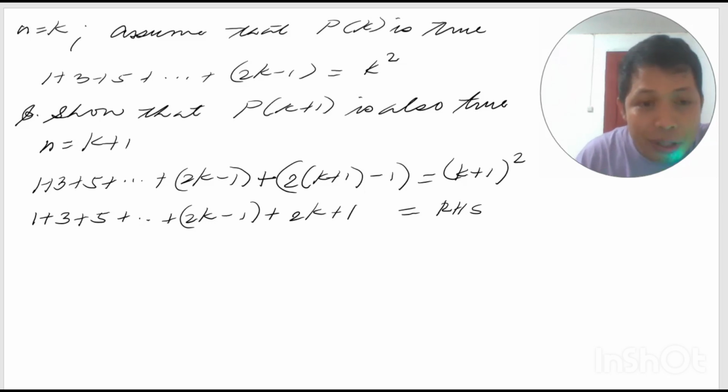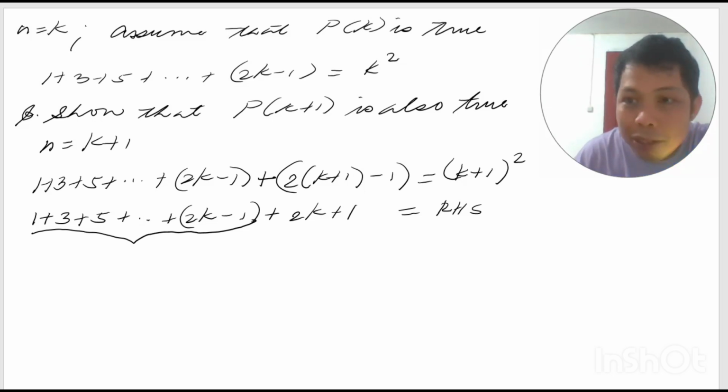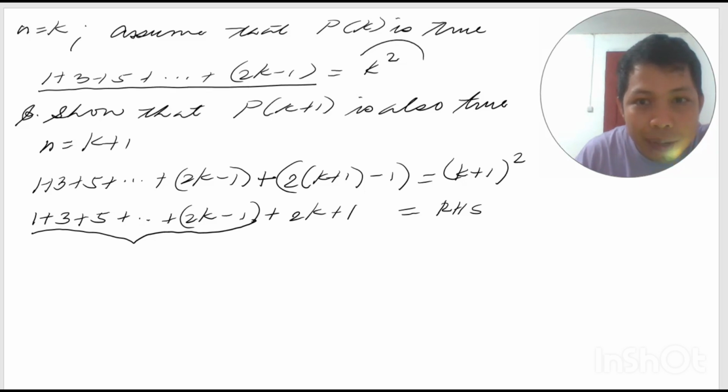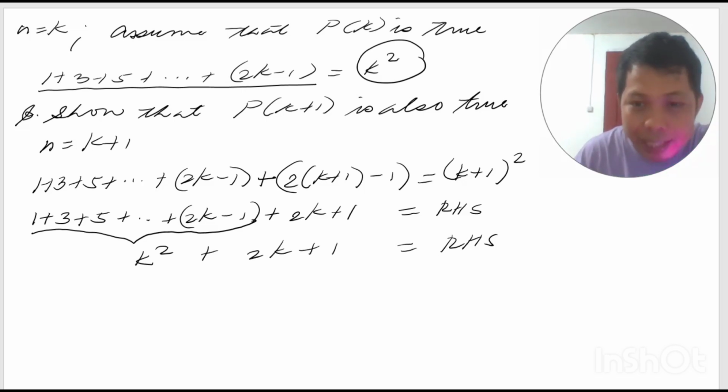As you can observe, this part from 1 up to 2k minus 1 is equal to k squared. So this is k squared plus 2k plus 1, and everything is equal to the right-hand side of the equation.